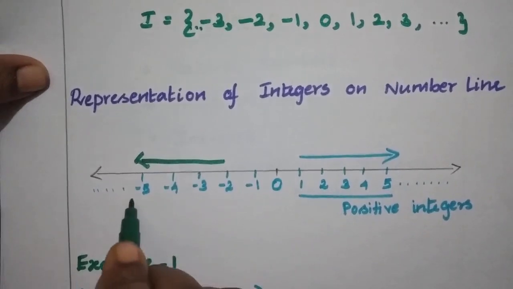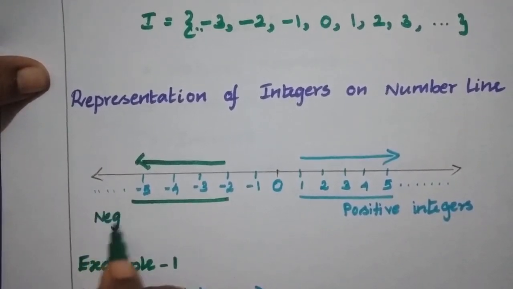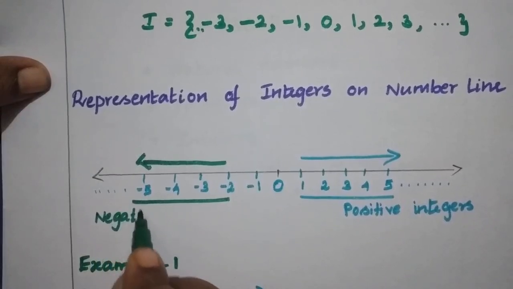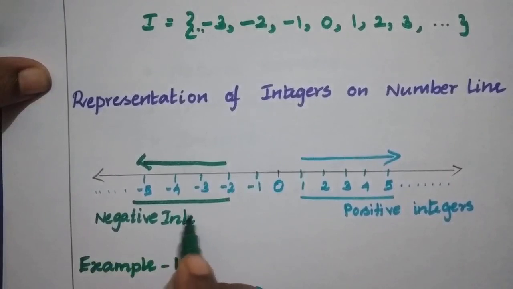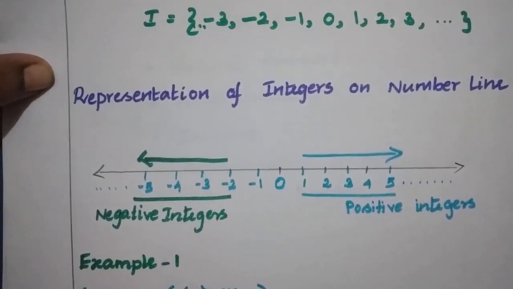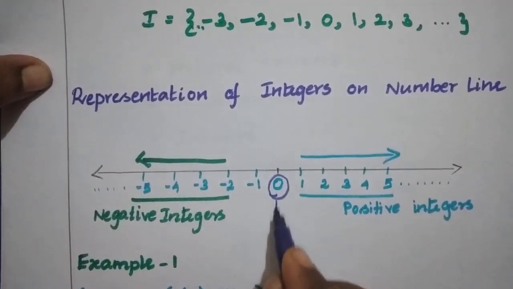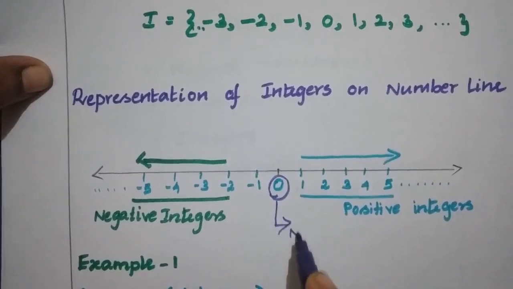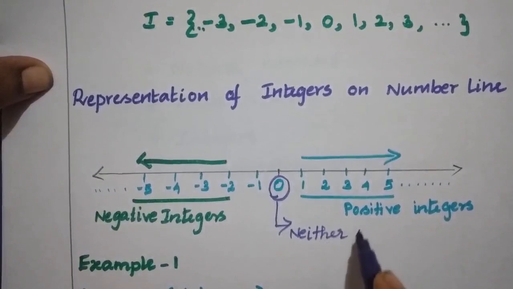They are all negative integers. Then what about this 0? The 0 is neither positive nor negative.